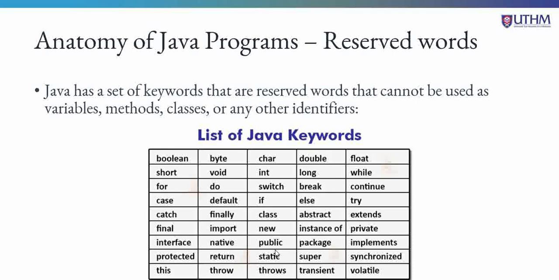Interface, native, public, package, implements. So these are the reserved words, meaning that you cannot create a variable name after these keywords. You cannot create int do, int for.